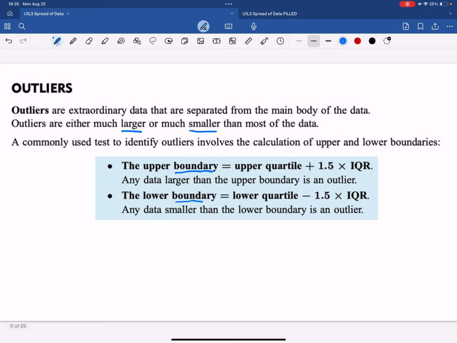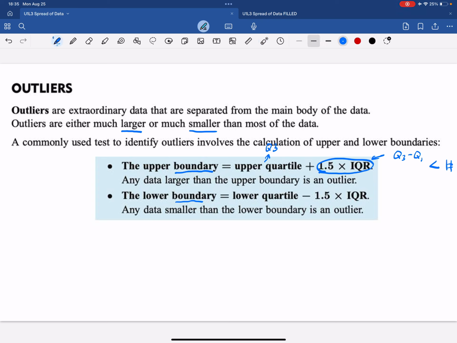For the upper boundary, we take the upper quartile, Q3, and then add 1.5 times the IQR. Remember the IQR is Q3 minus Q1. If we have a number that's bigger than that, that number is an outlier. If the number is exactly equal to this, it's okay. It's not an outlier.